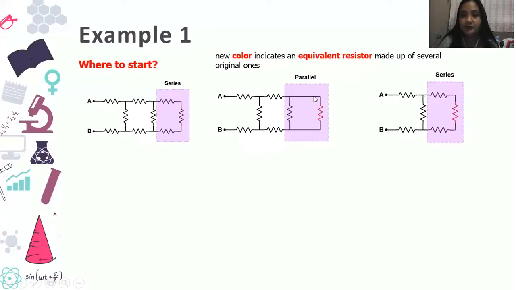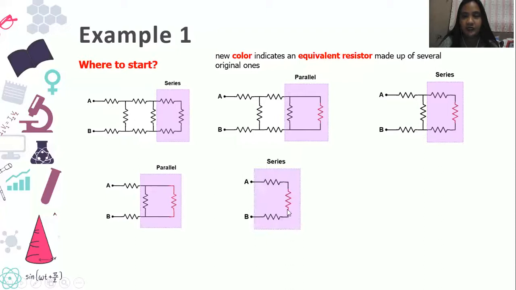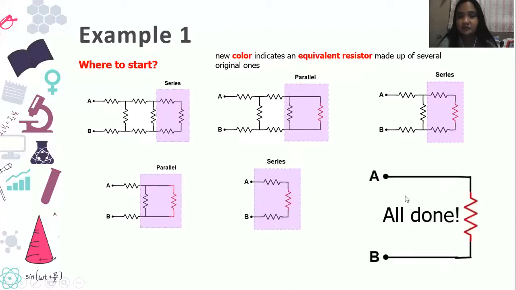Then that parallel connected branch will actually form a series combination at this point. And then after doing that in series, you can actually see that those two branches are in parallel, eventually getting the total equivalent or the equivalent resistance. That will be it. Okay, I hope that's clear.